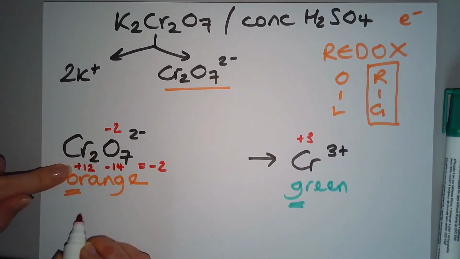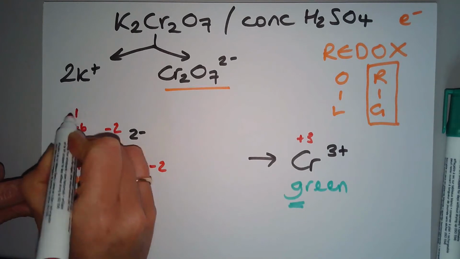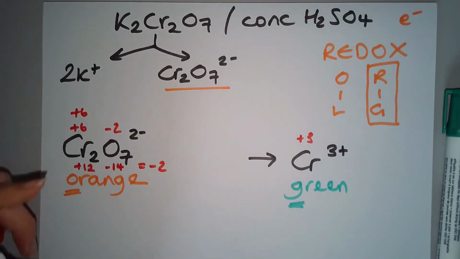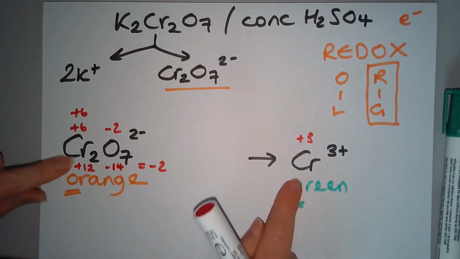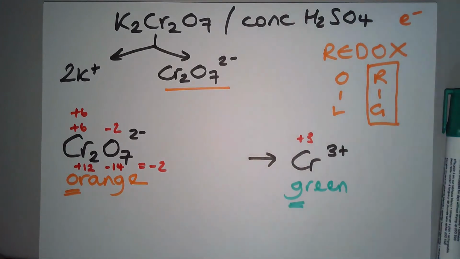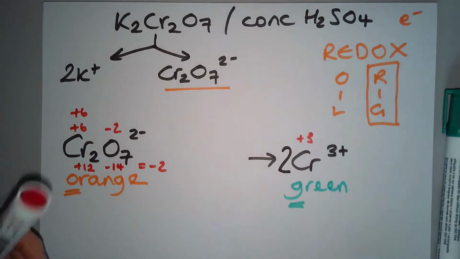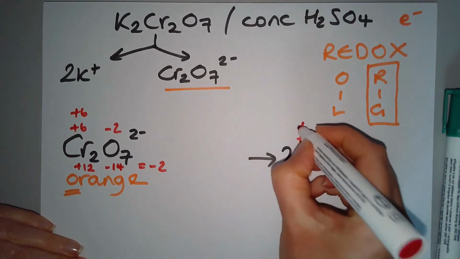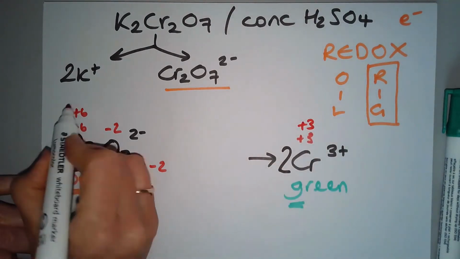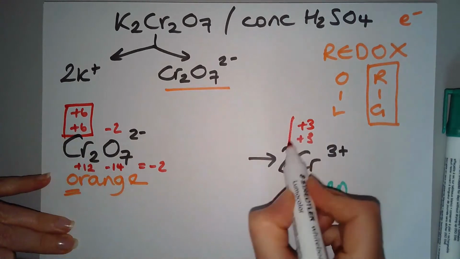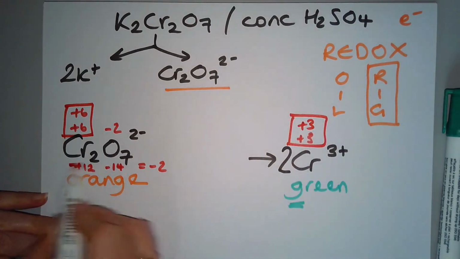There's 2 chromiums, so each chromium is worth +6. Before we go any further, we need to make sure the chromiums are balanced. So I'm going to stick a big number 2 in front of that one. So per atom, we can see the oxidation numbers up here. So we're balanced for chromium.